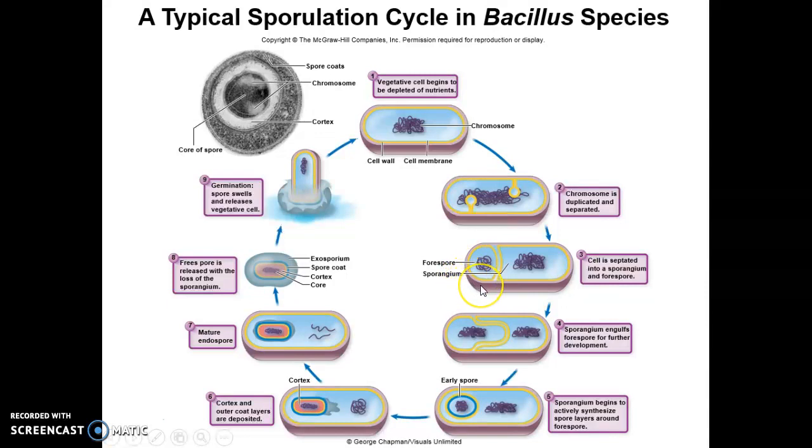All right, and there are two separate areas within the cell. The sporangium, this guy here, engulfs the forespore for further development, meaning it's going to give it another coating. And now you see here the blue coat and the yellow coat.